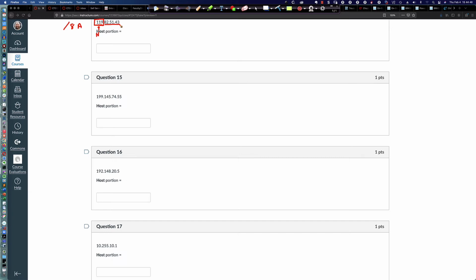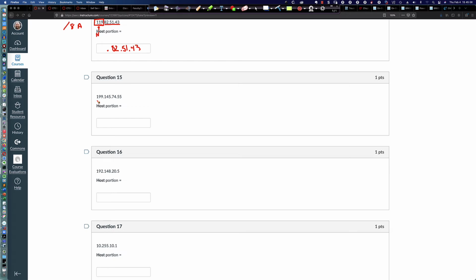There's 32 bits involved, and they're broken up by dotted decimal notation when we write the decimal values out. The last 24 bits, the last 3 octets, that is the host portion. So 82.51.43.